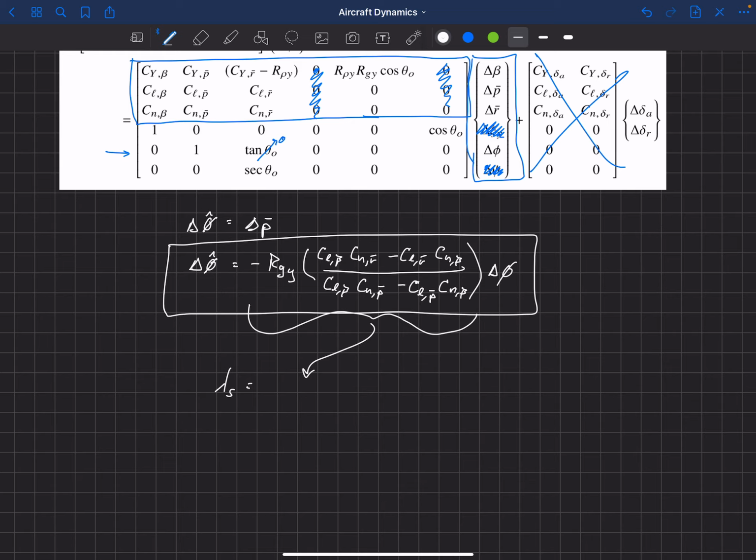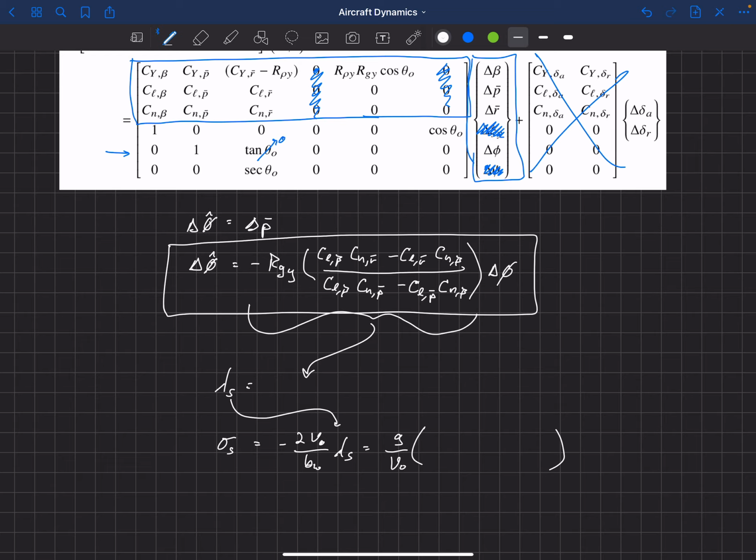Our dimensional damping rate sigma is equal to, once we redimensionalize, minus 2 v naught over bw times lambda s. So we plug that in there, and this is just going to be equal to g over v naught times everything in parentheses.